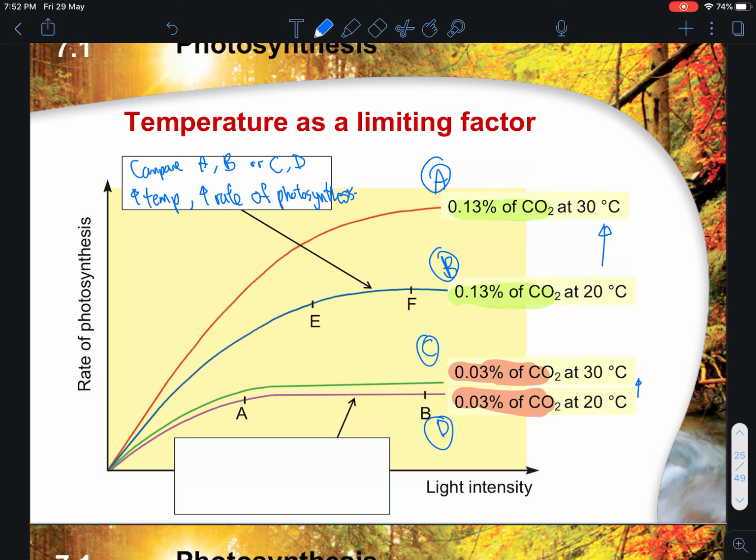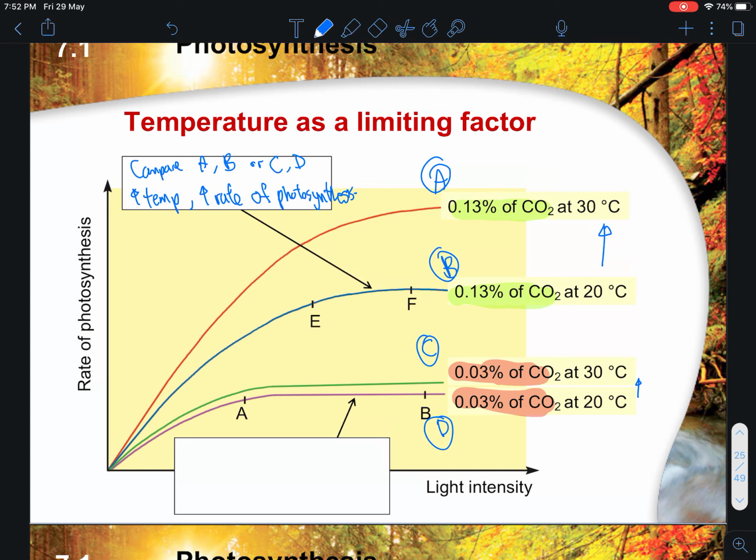So the effects of increasing temperature on the enzymes. In the light independent stage, enzymes are required to contribute to photosynthesis. So the reactions in photosynthesis are enzyme dependent, and at low temperature, enzymes are inactive. At extreme temperature, higher than the optimum temperature, the enzymes will denature.